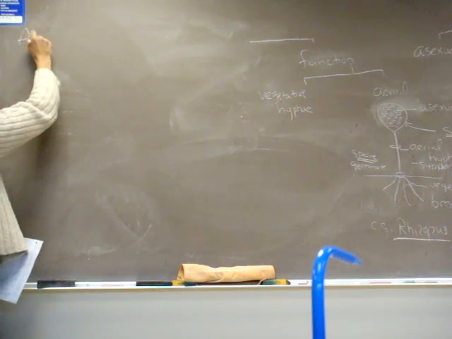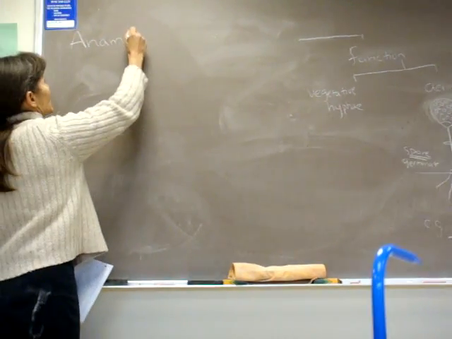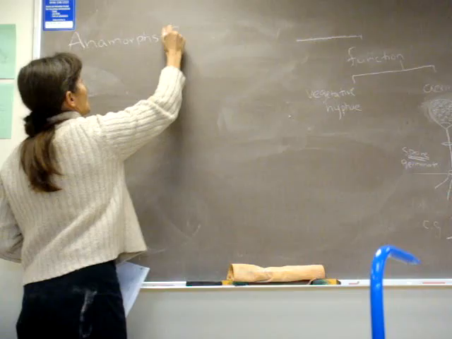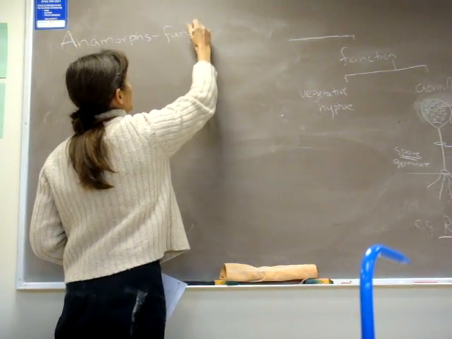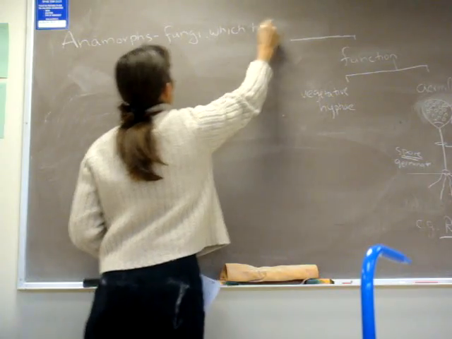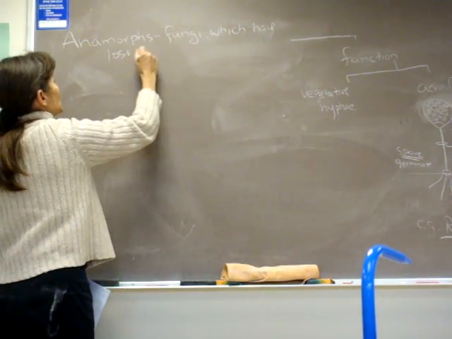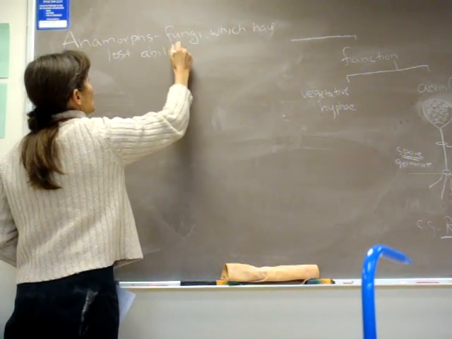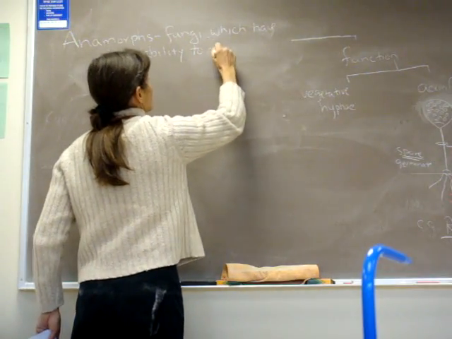Okay, so anamorphs, these are fungi which have lost the ability to reproduce sexually.